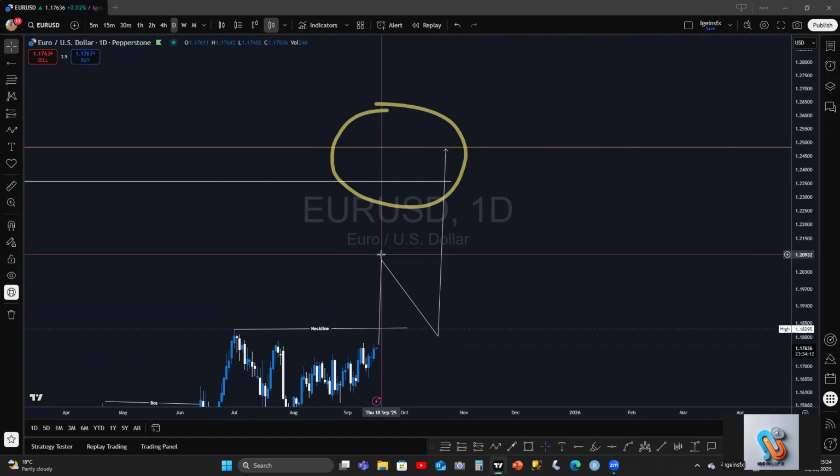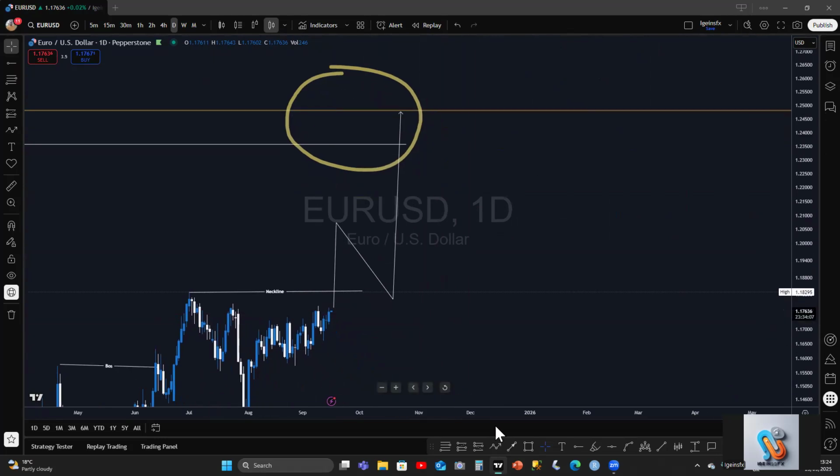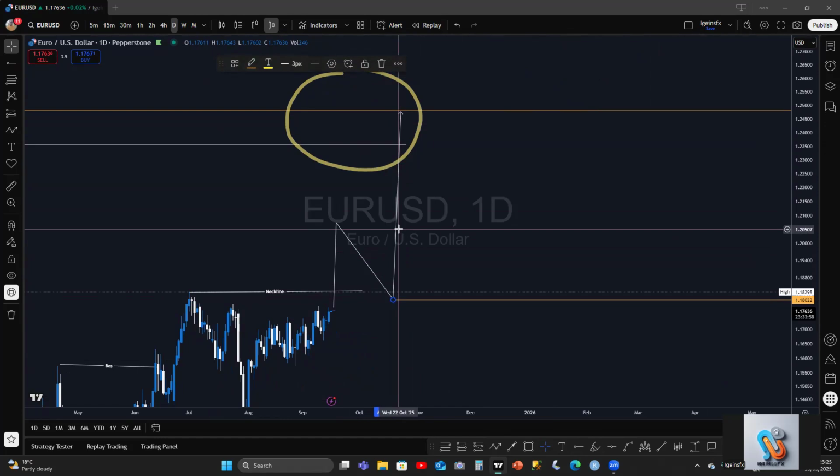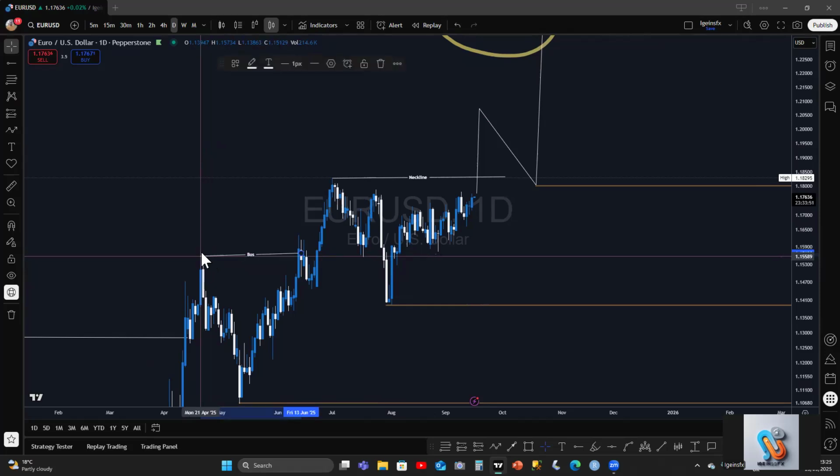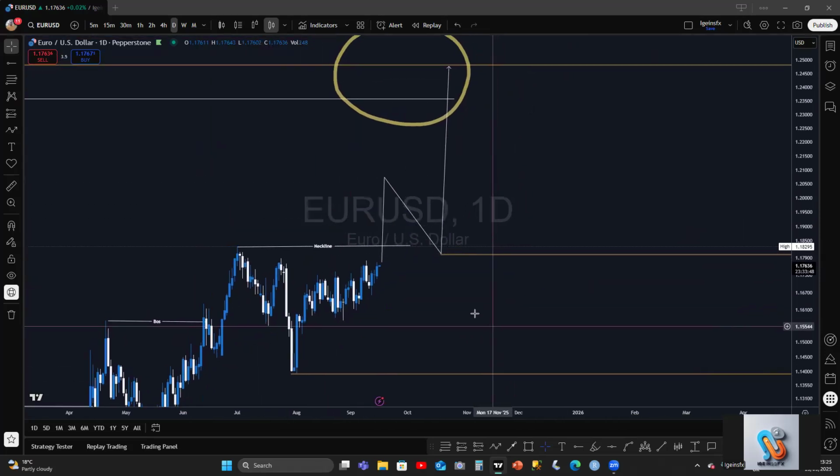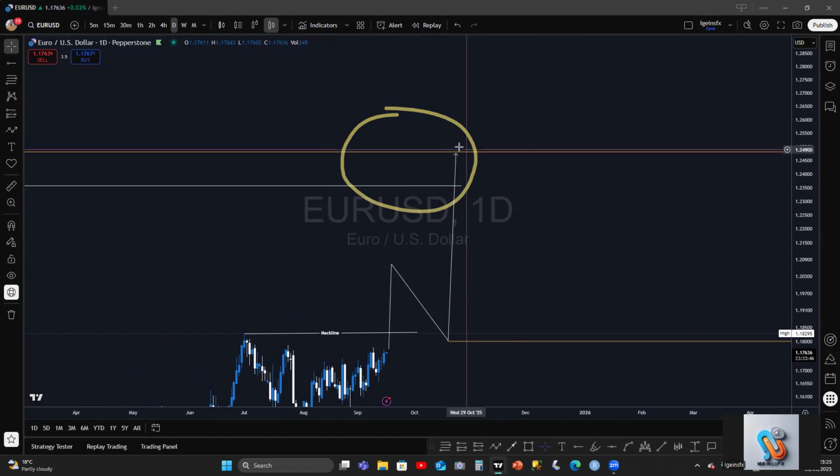If there's a good pullback, then it will now create a support level that will give us an entry to join the movement to this level. Because as it's pushing, change of character has happened, and price is pushing to the upside. The level is here. The target is here. The price is coming to this level.